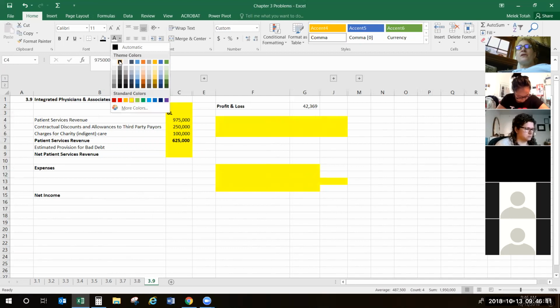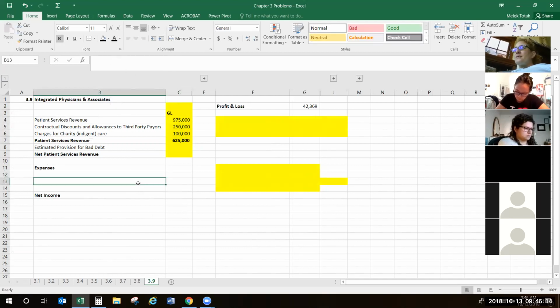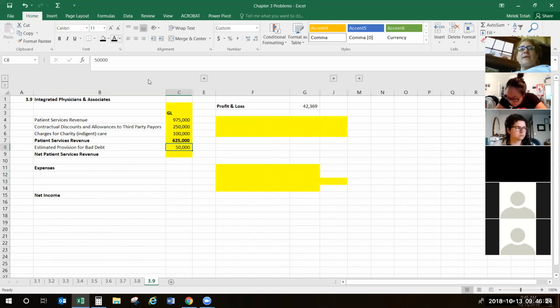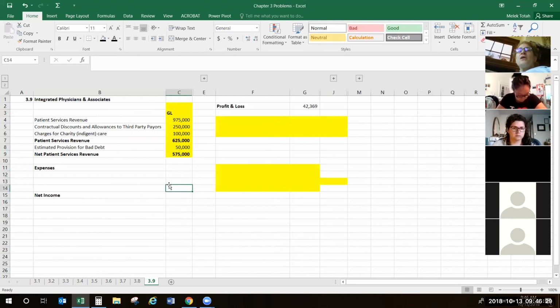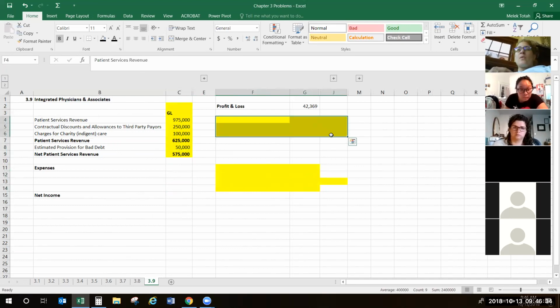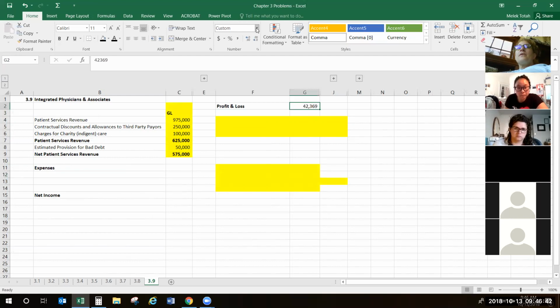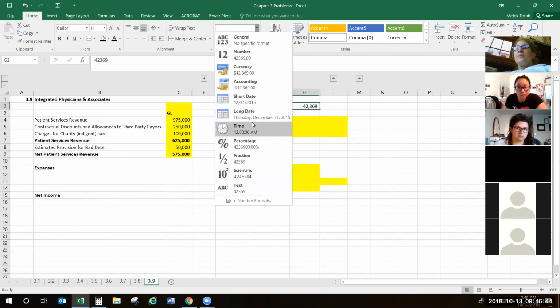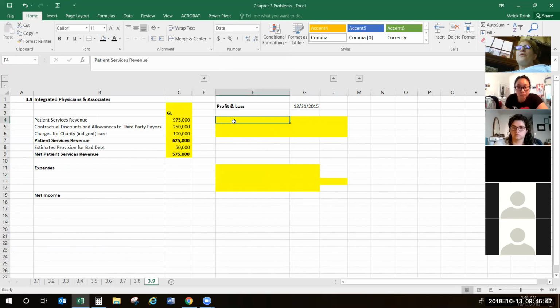Okay, everyone know what the general ledger is, right? It's the detailed books, the detailed accounts we keep for each patient, right? So you're going to see all that detail here, right? And you're going to have a bad debt estimation, and then you're going to have your net patient services, right? So then what is it, it says this in the book. I don't remember what page it is, but it's shared. If you're creating a profit and loss statement, it's really clear about what you can put on your profit and loss statement and what you can't.